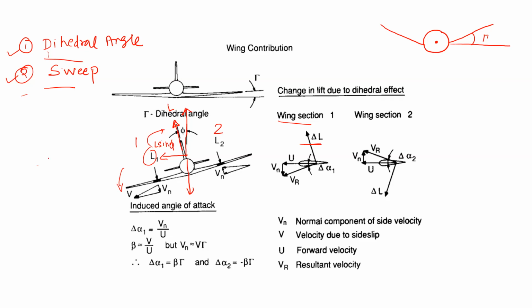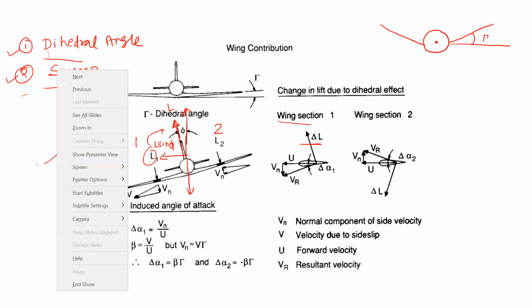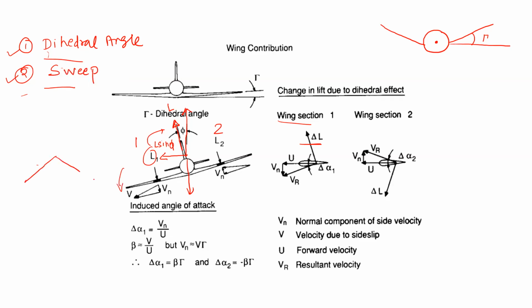Imagine an aircraft like this, moving forward, and because of the sideward force L sine phi, it is moving in this direction. However, it is oriented like this. This angle is beta.